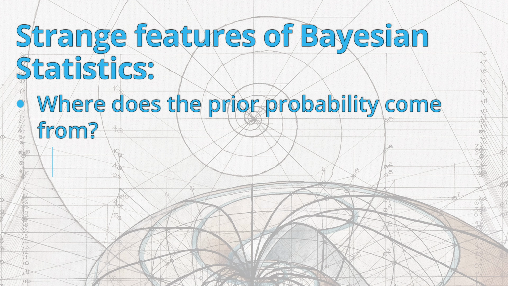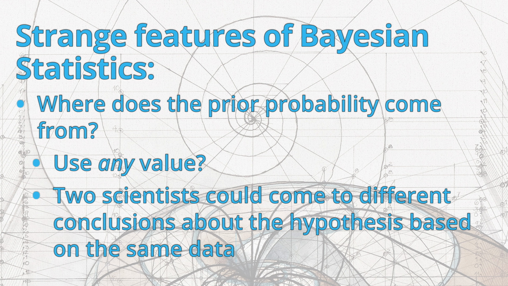Some advocates of Bayesian statistics think that you can plug in any number for the prior probability because, as long as you run enough experiments, that number shouldn't matter. But this is a little troubling, since it means that two different scientists, both analyzing the same data, could come to different conclusions about how likely the hypothesis is.